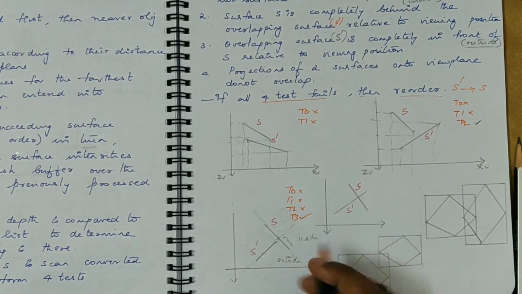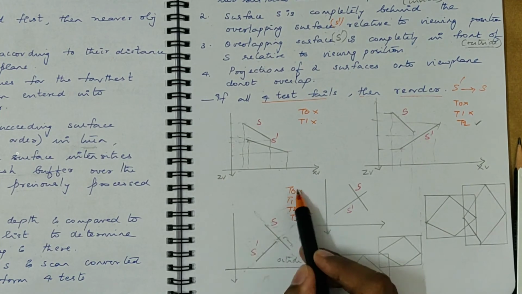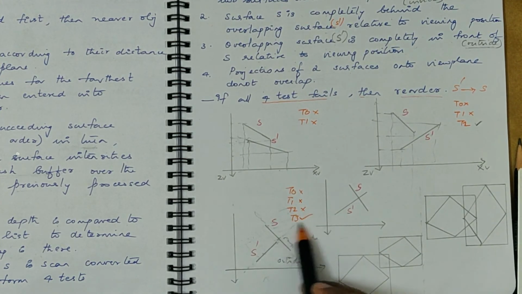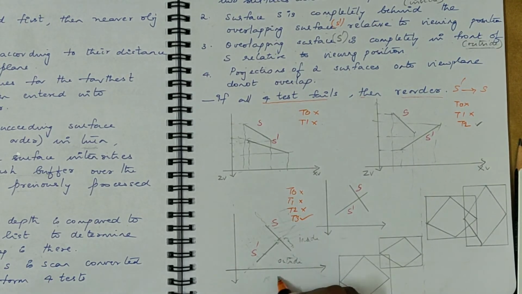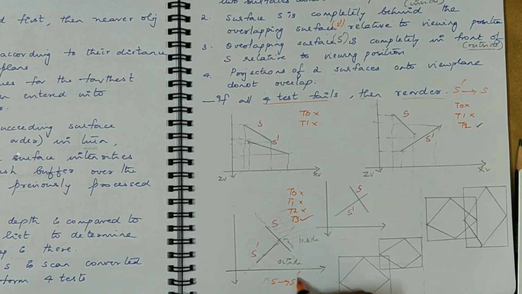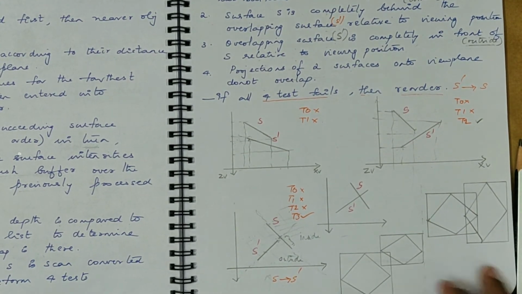Even though it failed tests 0, 1 and 2, it passed test 3, so there is no need to reorder. You can directly scan convert S followed by S dash.